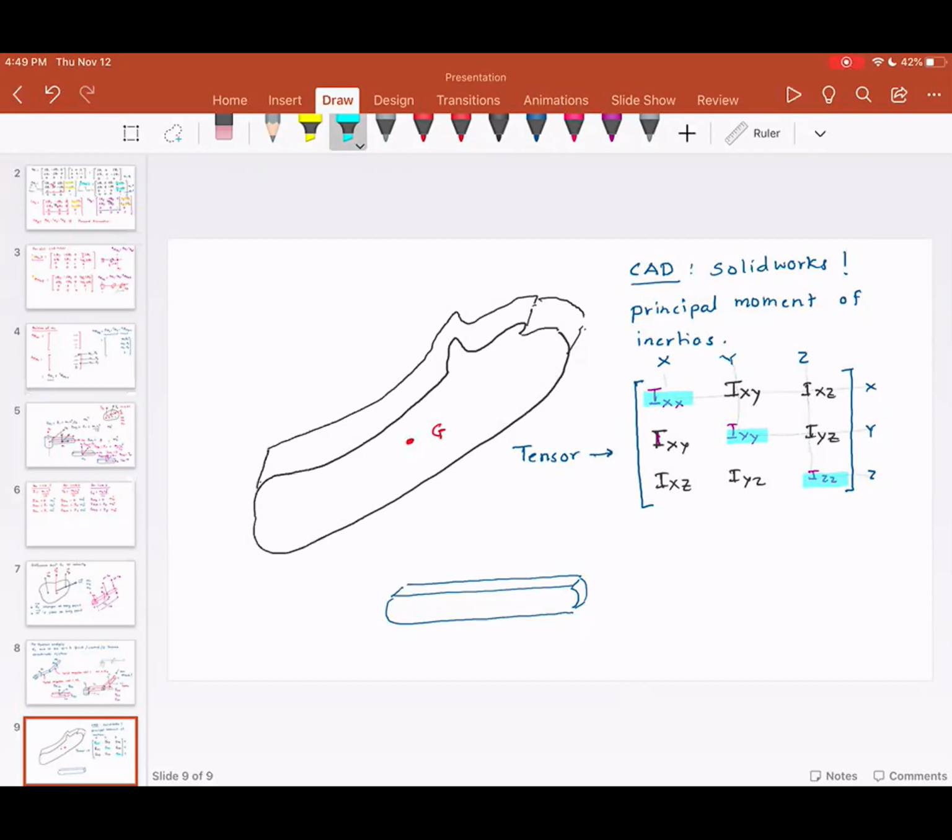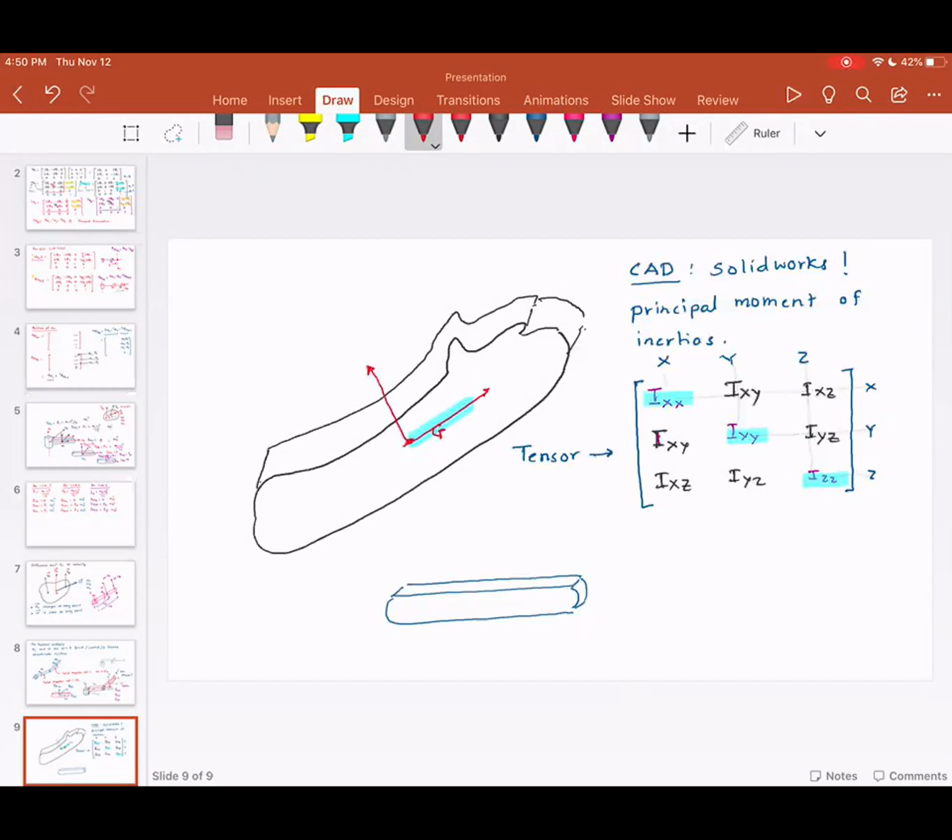These off-diagonal components indicate that the moment of inertia is not aligned with the principal axis. What I mean by that is, consider you have a link, and this link has CG at the shown location.